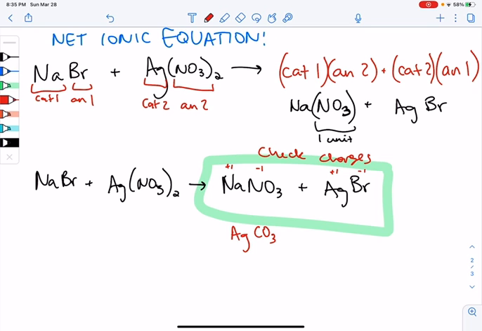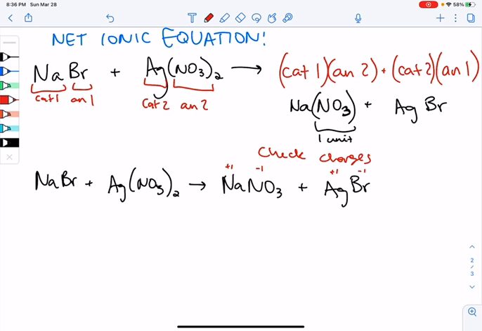So here, right, the silver would be +1, the carbonate would be -2. Well, that doesn't add up to be 0. So what would we have to do to make it 0? We'd have to have 2 silvers. 2 times +1 is +2 plus -2 is 0, right? That's just an example of maybe when you'd have to change the subscripts. This is the step where subscripts could change potentially, but they don't necessarily have to.